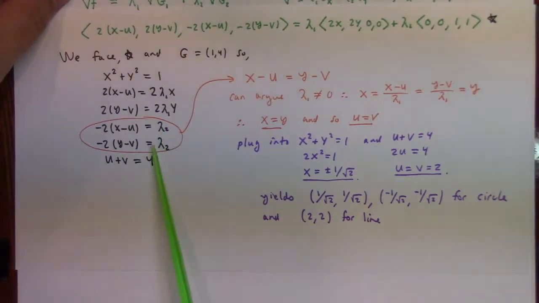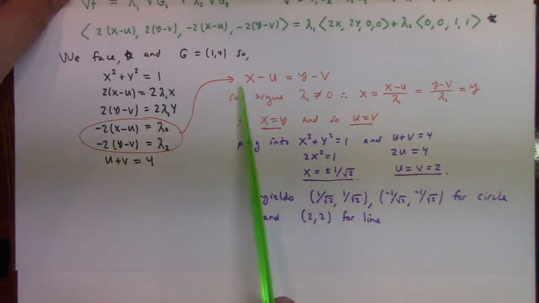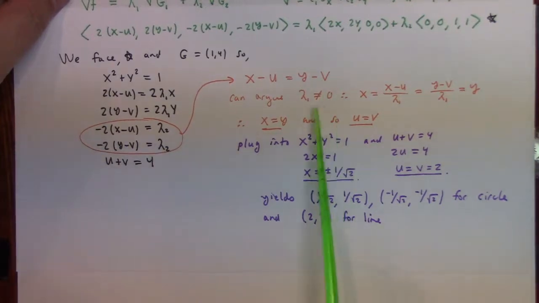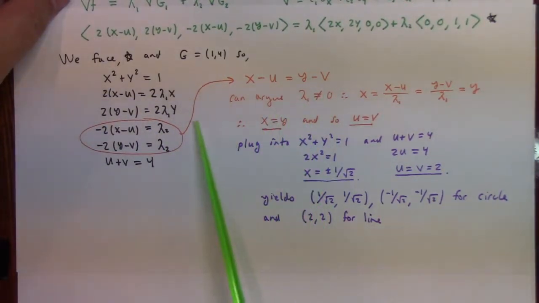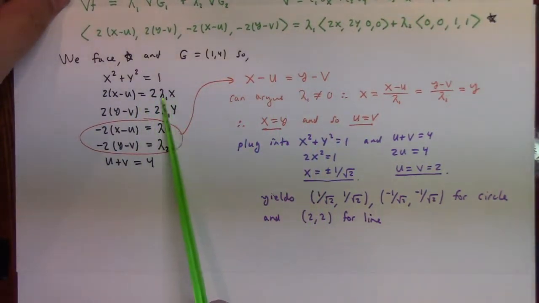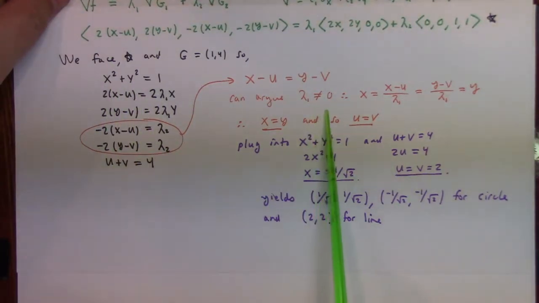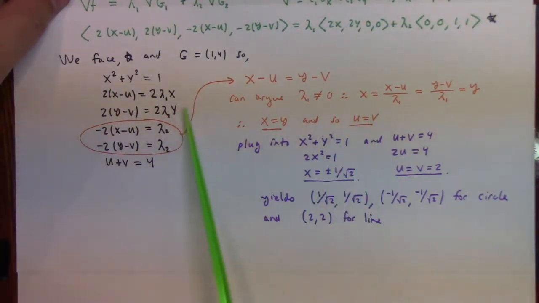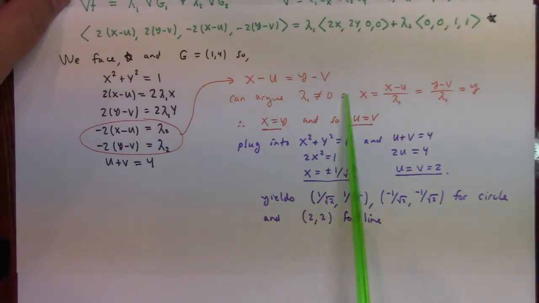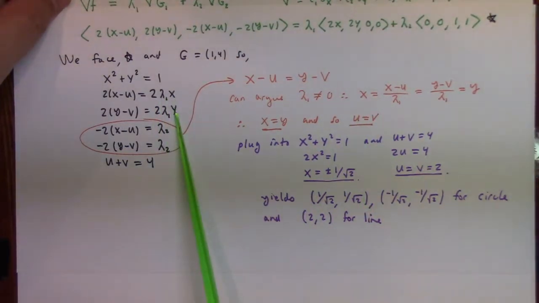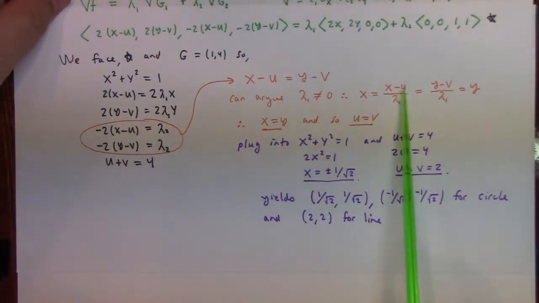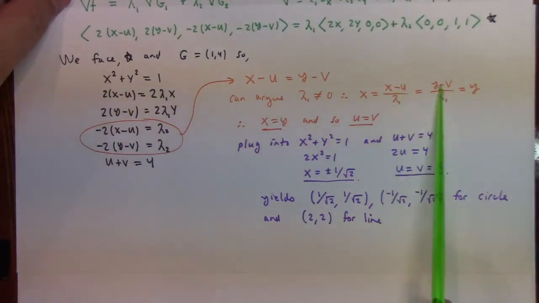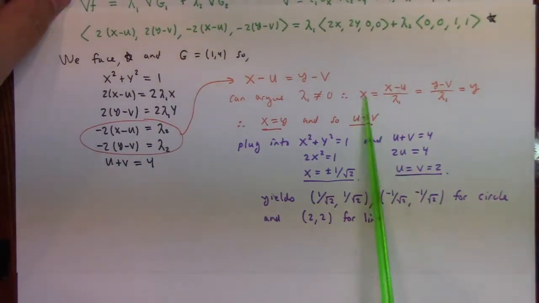He's like, okay, look at these, lambda 2 equals lambda 2, which tells us that x minus u is y minus v. He gives a little argument for why lambda can't be 0. If you assume lambda is 0, it gives you a contradiction to these constraints. So lambda is non-zero, and if lambda is non-zero, you can divide by it. That gives us that you can solve this for x, you can solve that for y, but remember x minus u is y minus v, so these are equal, which shows you x equals y.